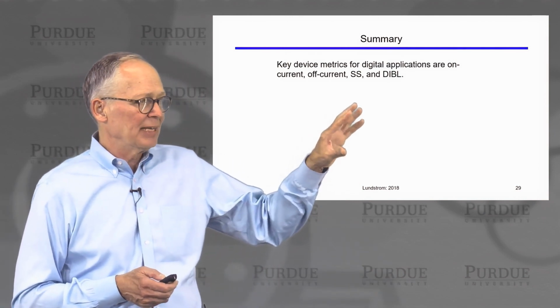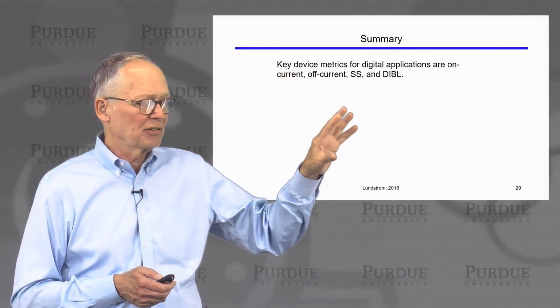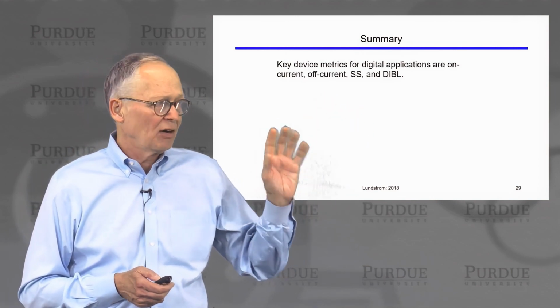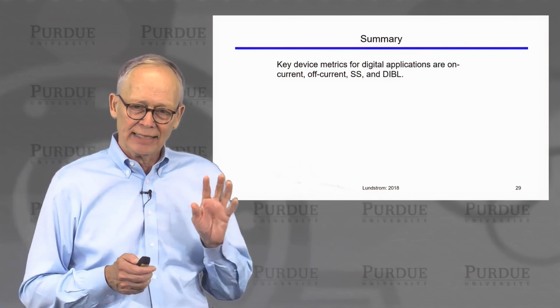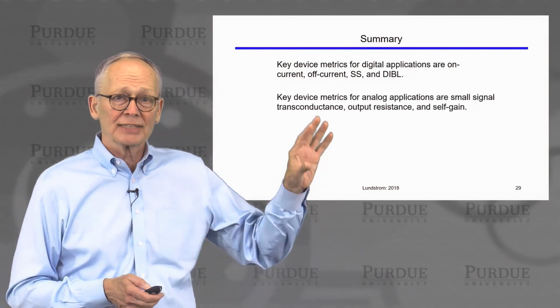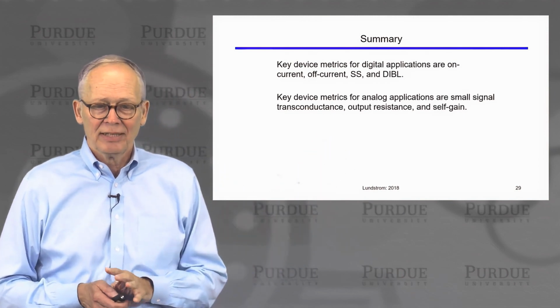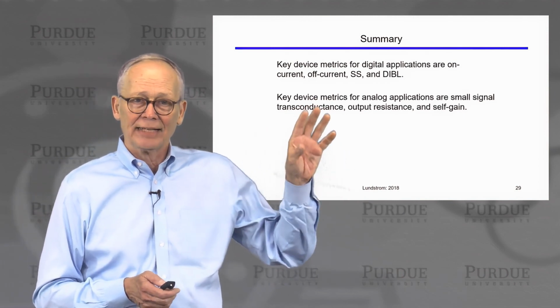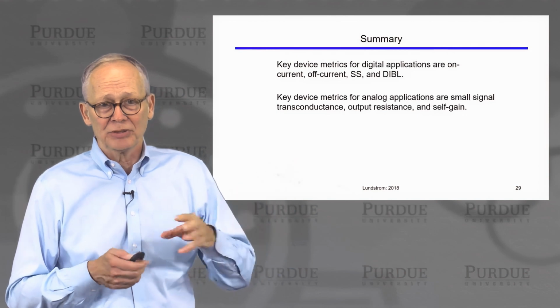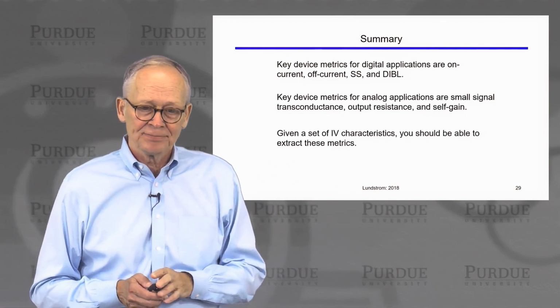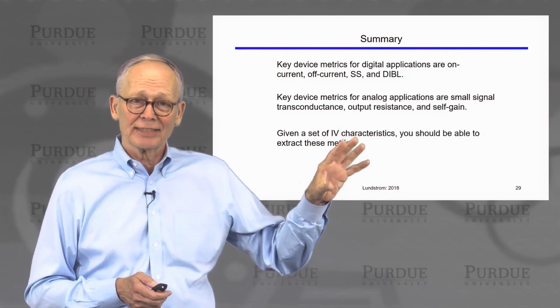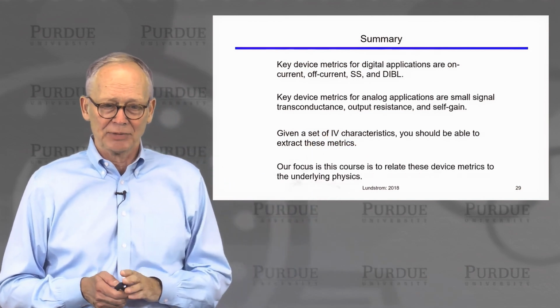So let's summarize device metrics. We've talked about some key metrics for digital applications. There are really four of them: on current, off current, subthreshold swing, and DIBL. We've talked about some key device metrics for analog. The two most important are transconductance and output resistance, and you put the two together and you get self-gain. Given a set of IV characteristics, be sure that you can extract these parameters.